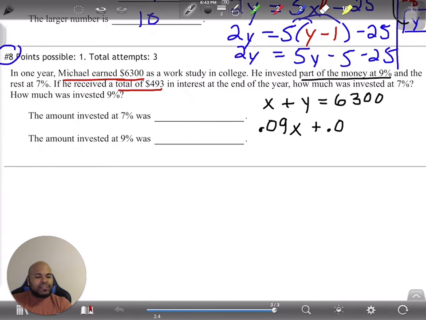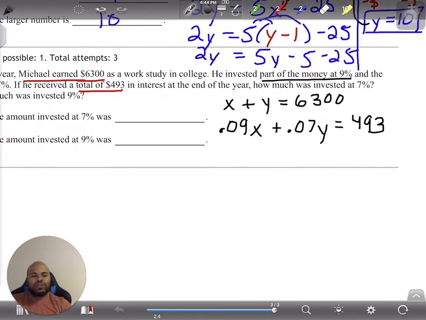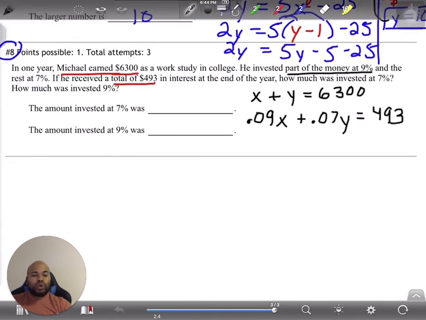So 0.07 Y equals the amount that he earned in the interest, 493. So notice that the first equation is for the total amount he invested, and the second equation is all about the interest. Okay, so I wrote two different equations for two different totals.